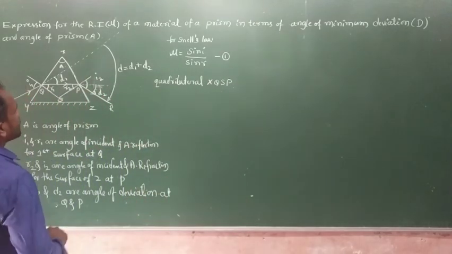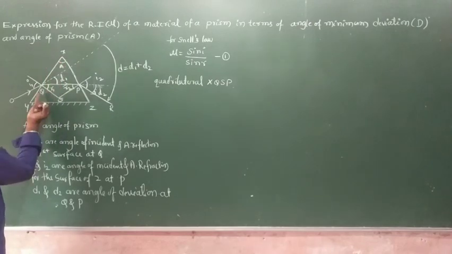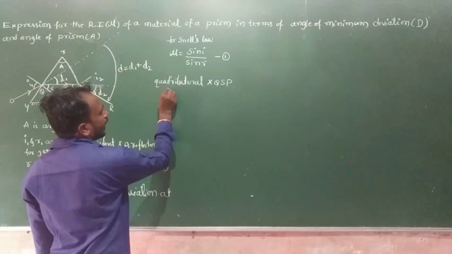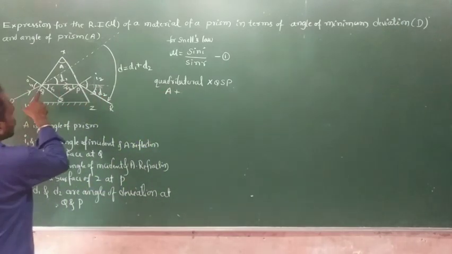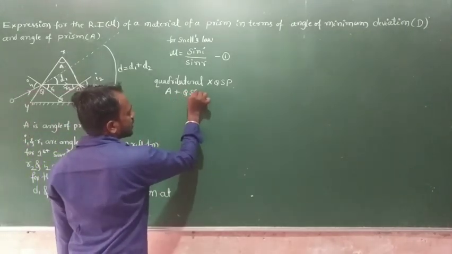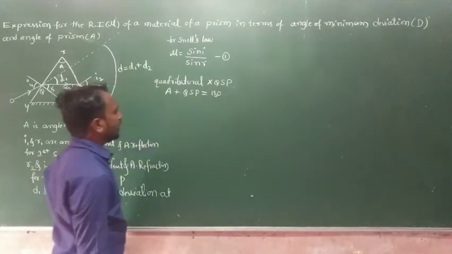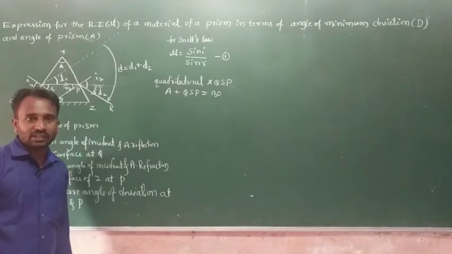So here also we consider two angles. One is the angle of the prism, another one is QSP. So the angle of the prism A plus QSP is equal to 180 degrees. A plus QSP is equal to 180 degrees.